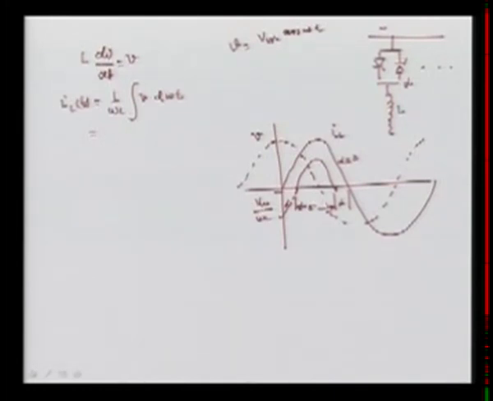So we can write 1 over omega L, integration from alpha to omega t, since we are firing at alpha, of Vm cos omega t d omega t, and finally we can get Vm over omega L times sin omega t minus sin alpha.